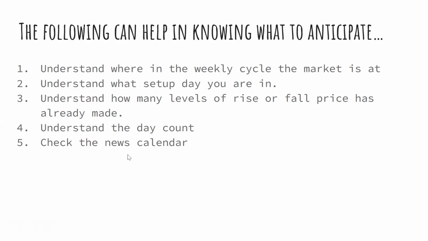And once price gets to that range, in terms of the average range or the daily range, because some pairs move only a certain amount of pips per day, once you're seeing that price is exceeding that daily average range, then you can tend to look for a reversal as opposed to a continuation. So things like that can help you to understand where price is going based on how many levels of rise or fall price has made.